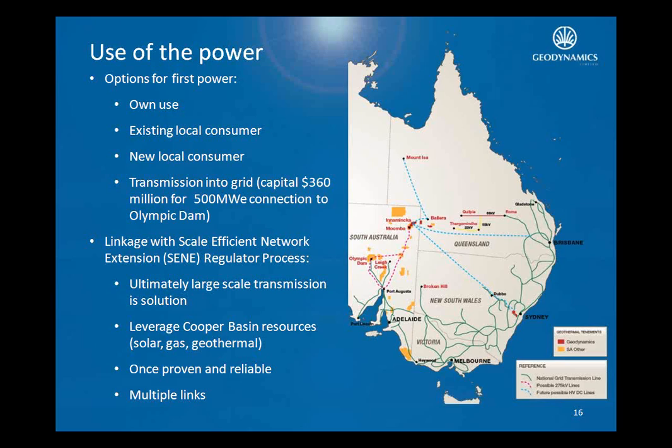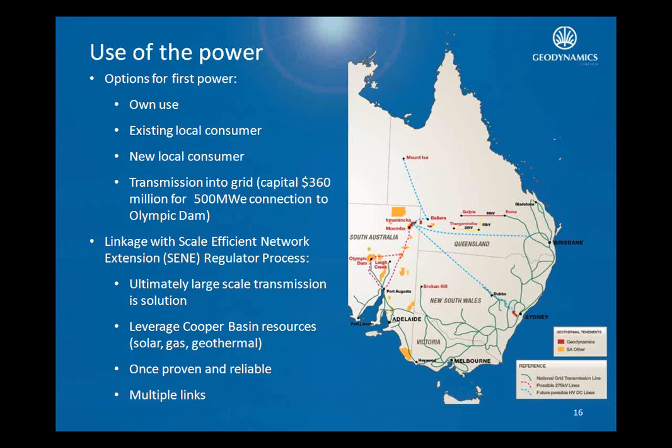Ultimately, though, we need large-scale transmission from the Cooper Basin into the existing grid to start replacing, supplanting, and coping with natural load growth from the baseload geothermal power in the Cooper Basin.